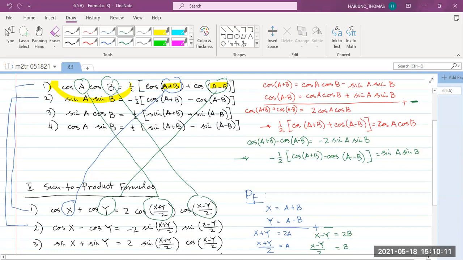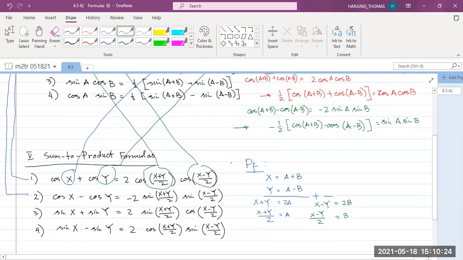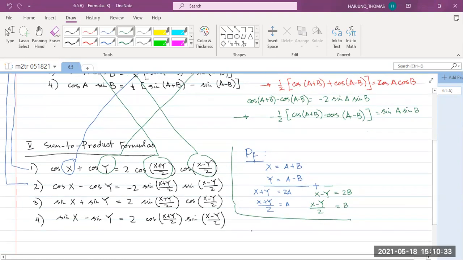Okay, so for the full proof, I believe in my lecture video, you try to prove it yourself using this idea. After you get this substitution here, you rewrite one of the formulas, let's say formula number 5.4, where we have cosine A sine B equals 1/2 of sine sum minus sine difference.